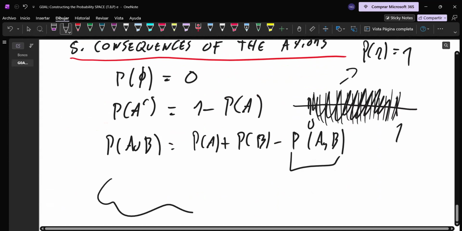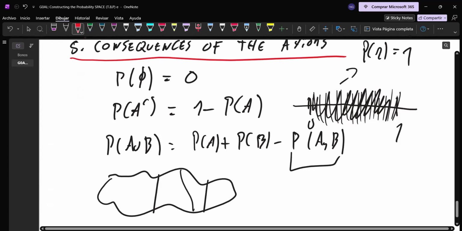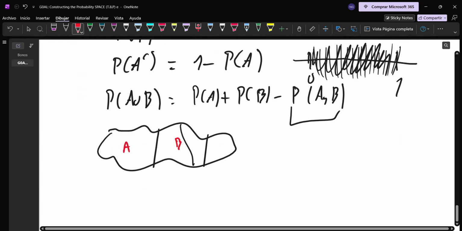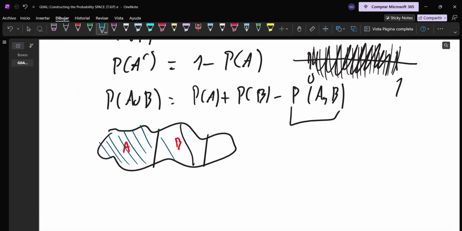Well, I make some partitions, and this is R and this is B. I measure the probability of R union B, which is this thing.